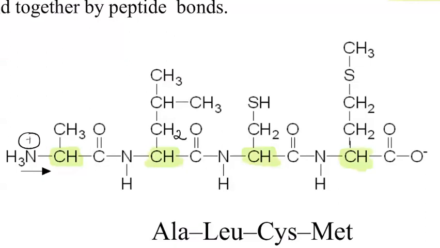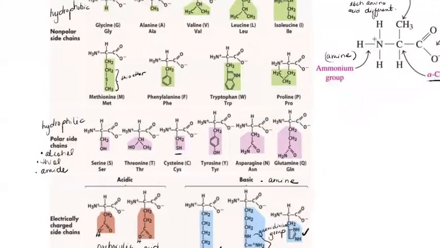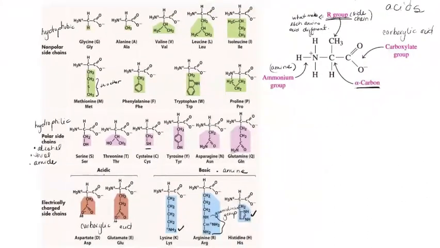Now I'm going to look closely at the alpha carbons, and I'm going to identify the side chains that are there. So these side chains, which you can see the 3-letter codes for the amino acids here, is because I'm comparing the side chains to the highlighted portions of the molecules that we have here.